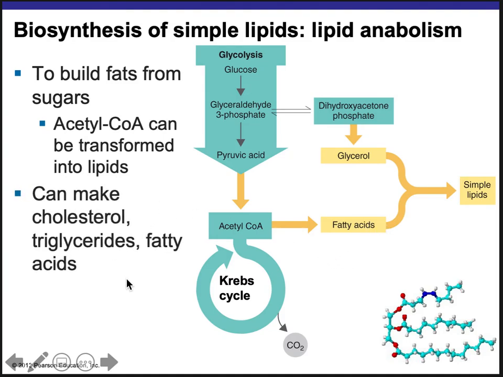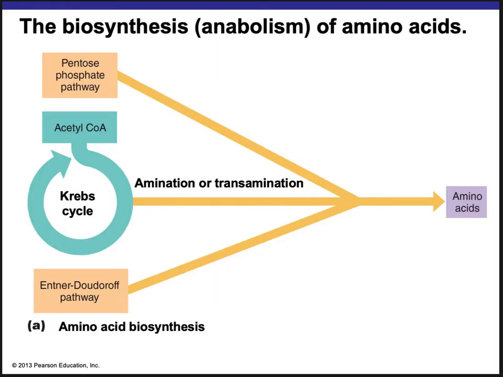We can also use this, it's not shown here, but we can make cholesterol, we could make triglycerides, or we can make just simple fatty acids. So whatever we need, whatever type of lipids we need, okay? We do call this lipogenesis, right, to make lipids. And of course, we can do the same thing with amino acids.